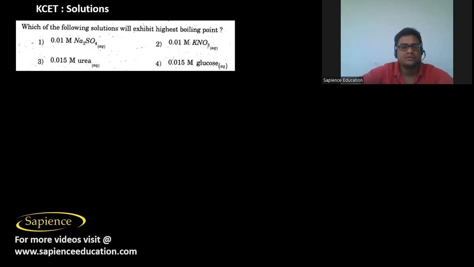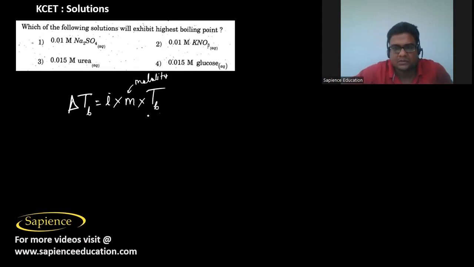Then it is told, which of the following solutions will exhibit the highest boiling point. We know that the elevation in boiling point, delta TB, equals i into m into KB, where i is the Van't Hoff factor, m is the molality of the solution, and KB is the molal elevation constant.